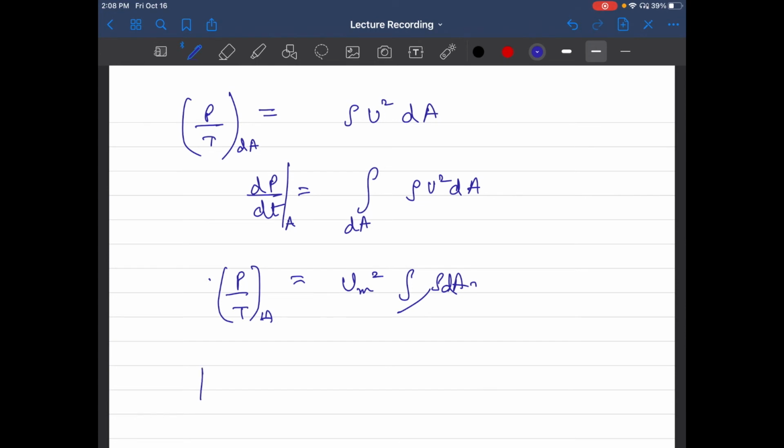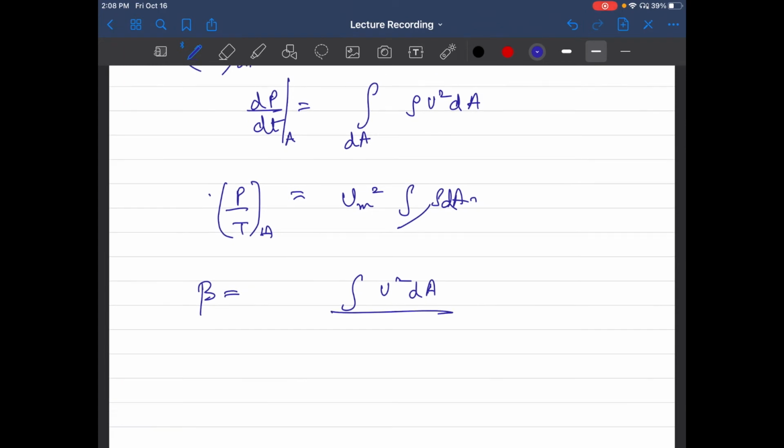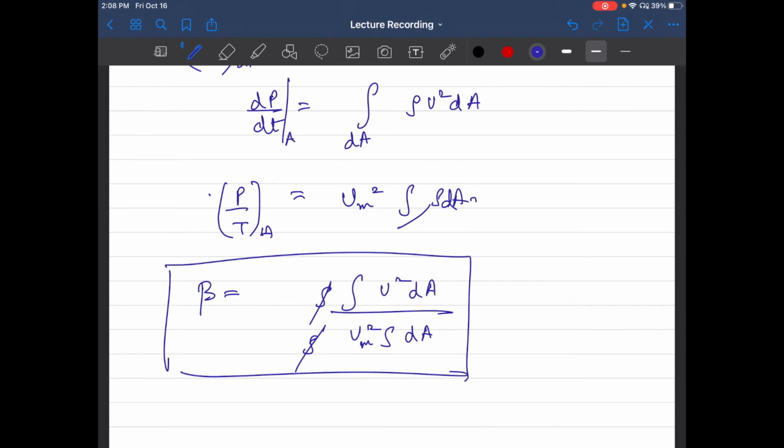And again, if we have to calculate this ratio beta, we would simply say that it is integration V square dA divided by integration Vm square dA, but here rho would come out and cancel if we are talking about incompressible flow, and this becomes our expression for momentum correction factor.